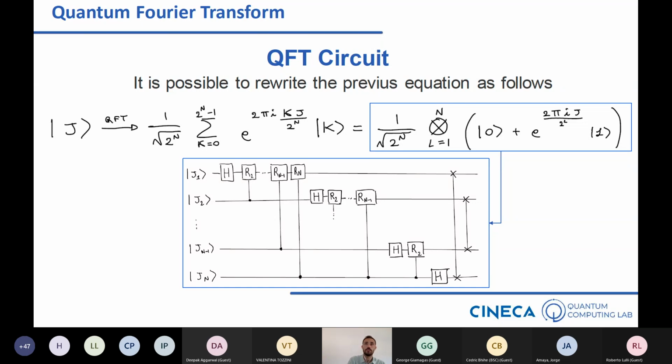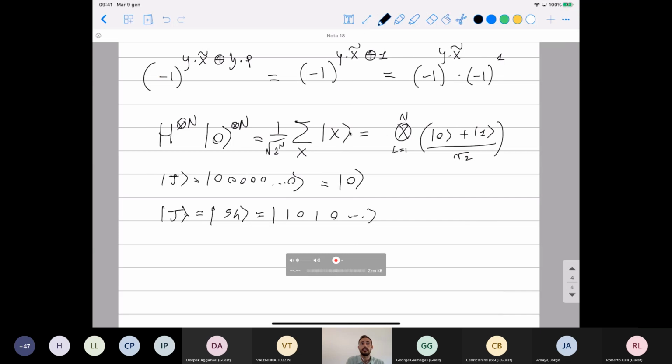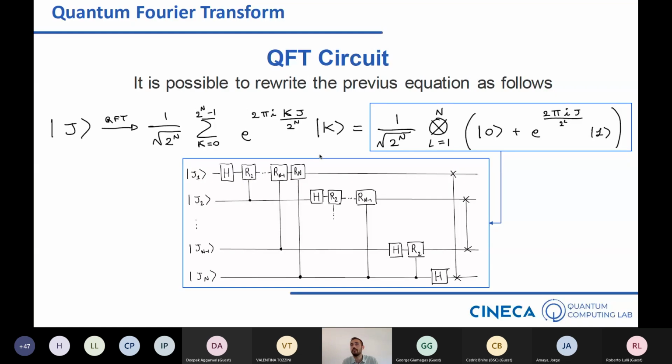The purpose of the H n gate is to create a superposition in such a way that you can compute multiple things in superposition. And this is something similar, but with the addition that you also have a phase.